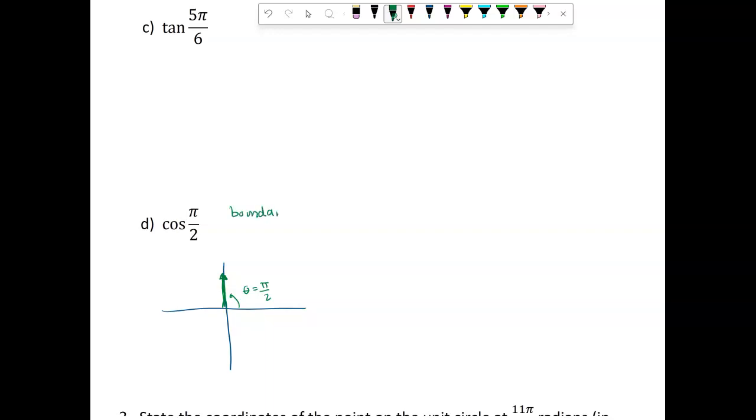So if this is a boundary angle, how do I get the ratio? Well, when we talk about cos, we're always talking about x over r. In this case, our x value would be 0. Our r value, because it's a unit circle, would be 1, but 0 divided by 1 is still 0. So the answer of cos pi over 2 ends up being 0.